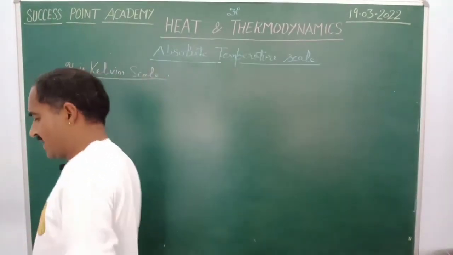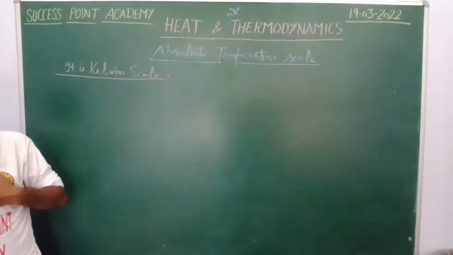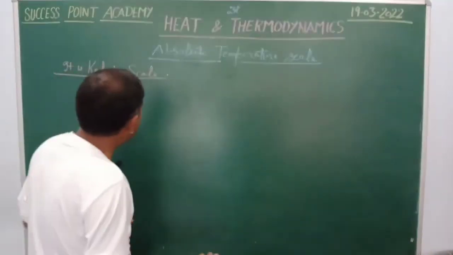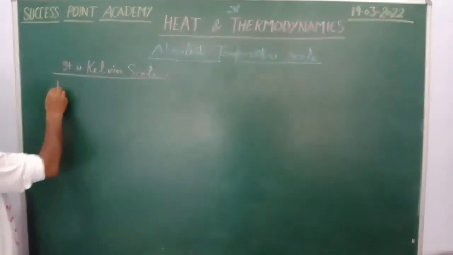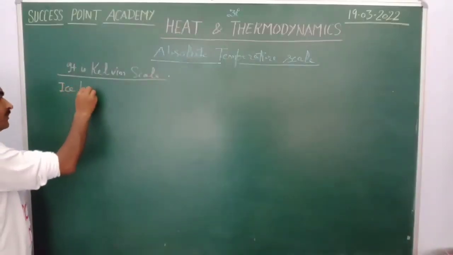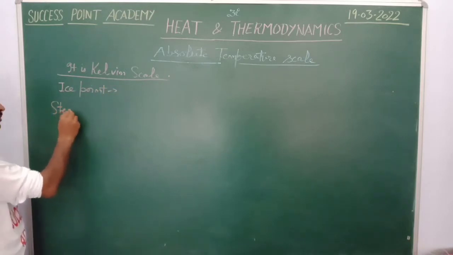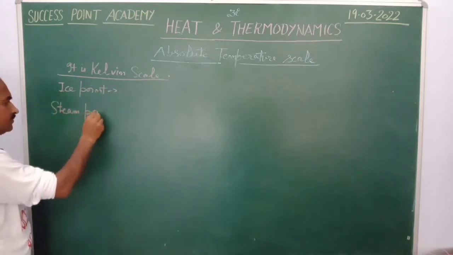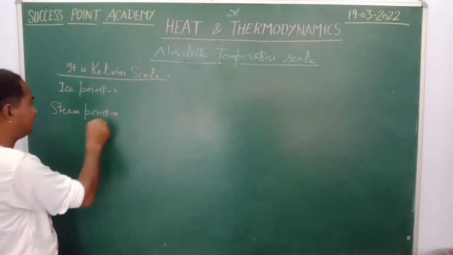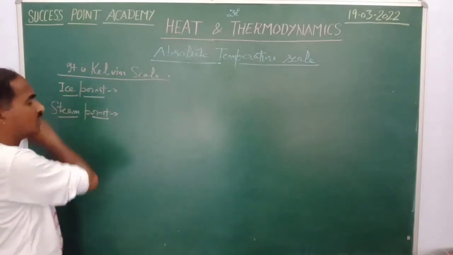Okay? Next. Now you see on the Kelvin scale, what is the ice point? Note this. And what is the steam point, meaning boiling point? Everybody should note it.